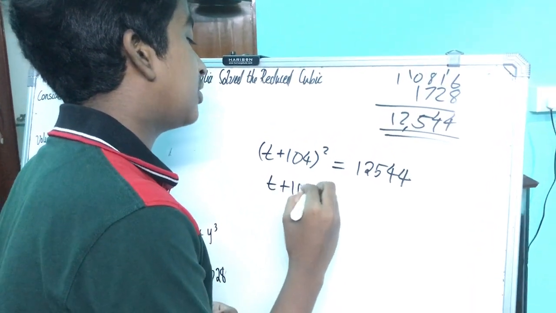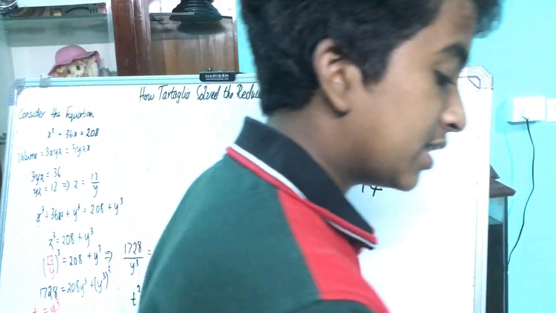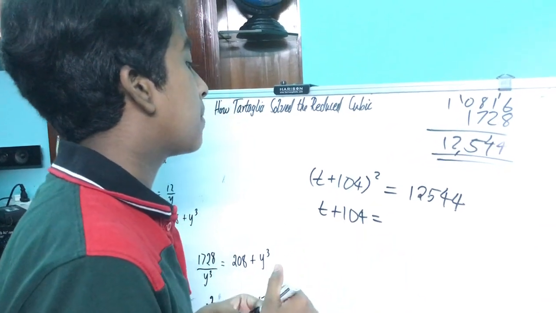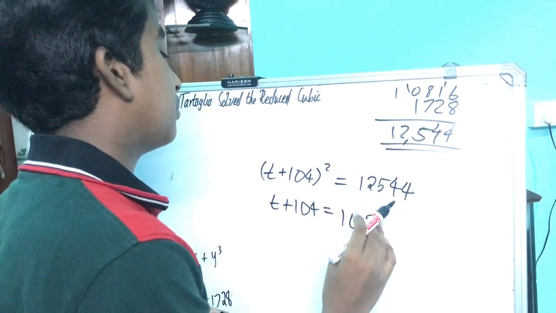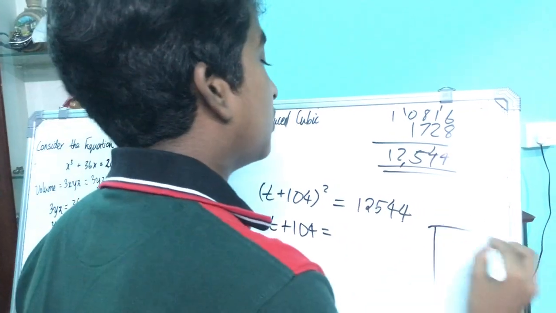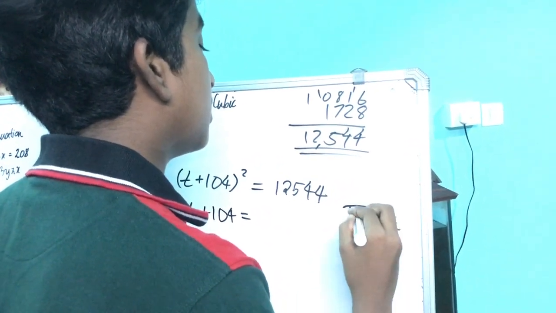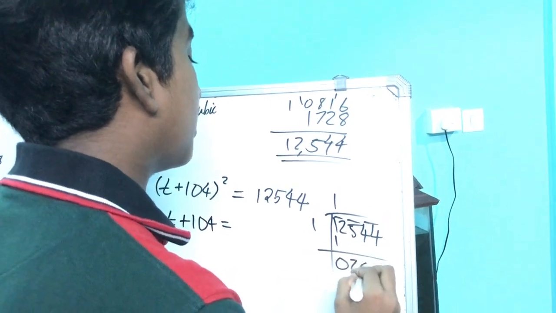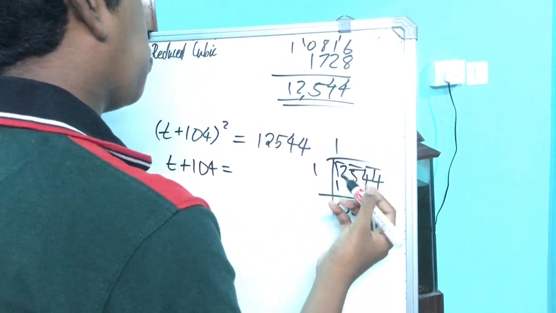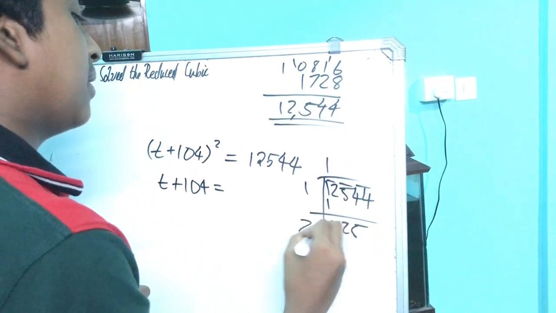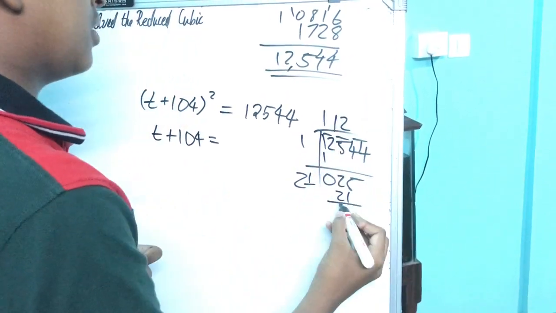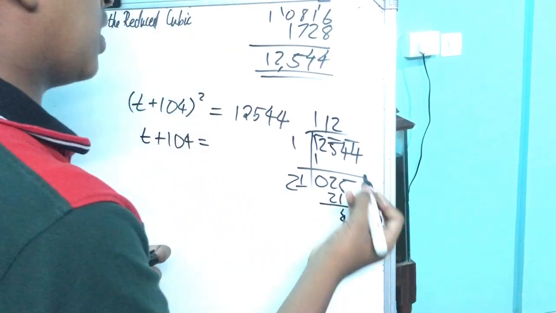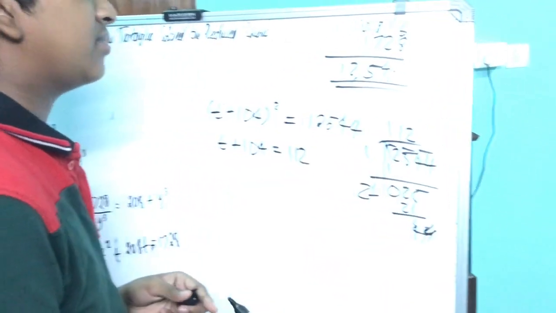And we get t plus 104 is equal to the square root of this, which is just this side, and we can find the square root, and it is in fact 112, and we get t as 8.